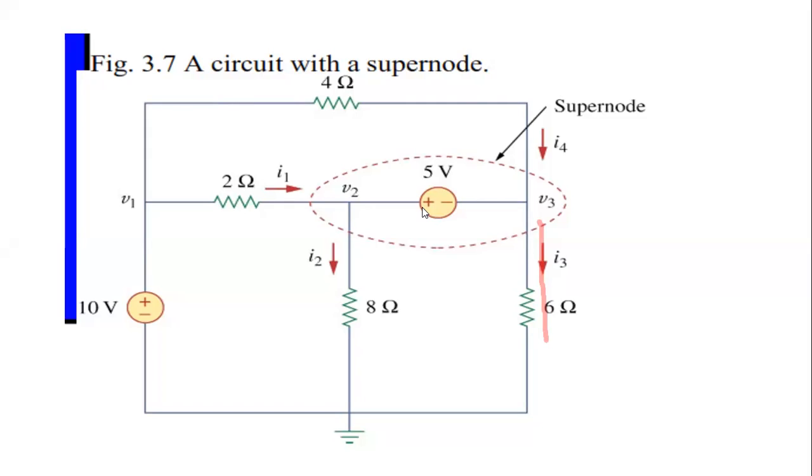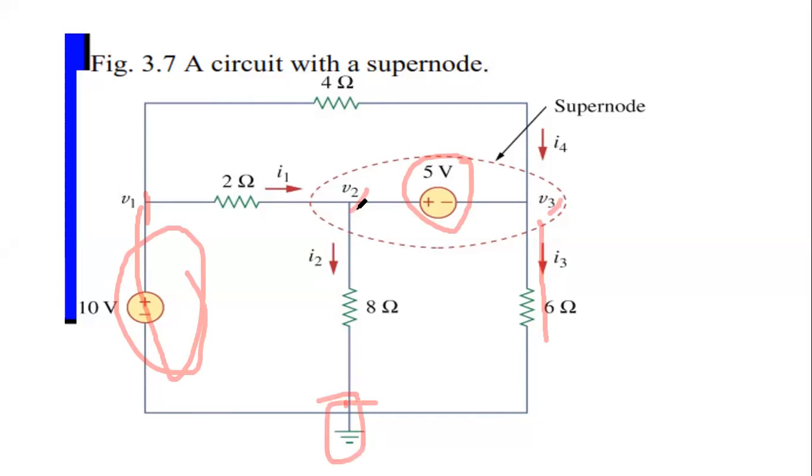Now again, there are two things. A voltage source may be connected between a node and the reference node like this. This is one case, and a voltage source may be connected like this between two non-reference nodes. These are not reference nodes. This one is the reference node.